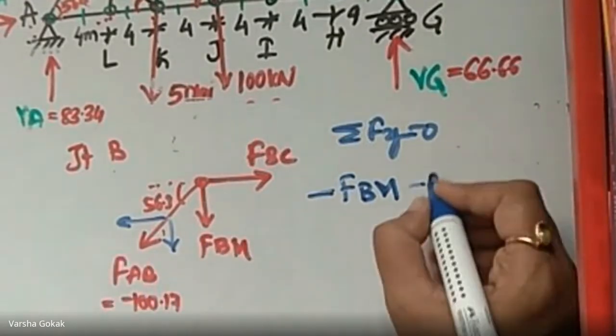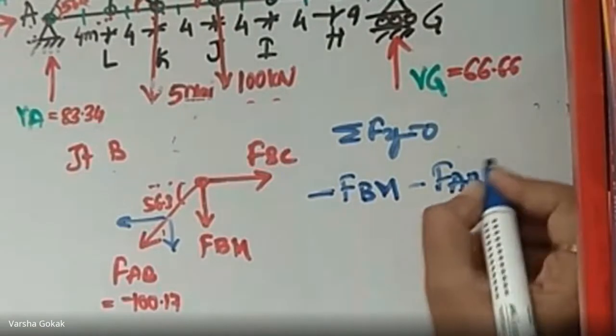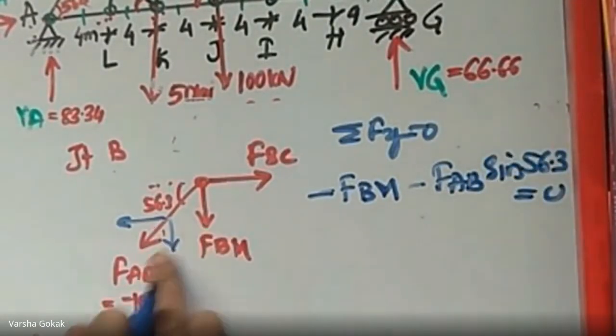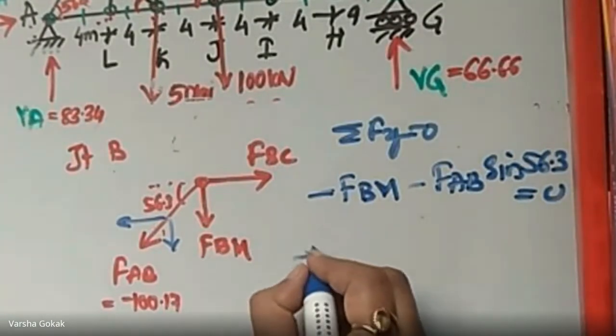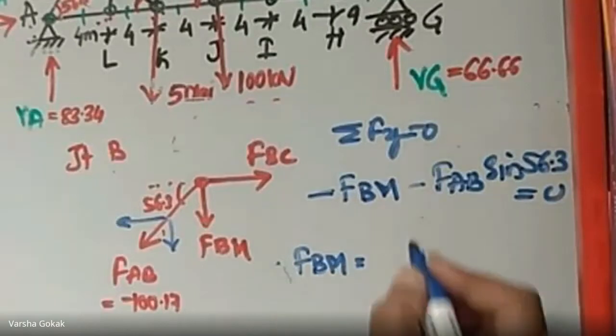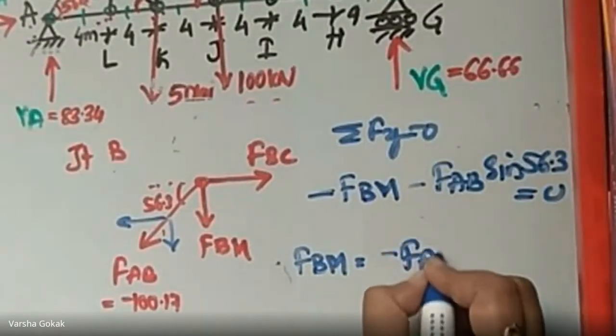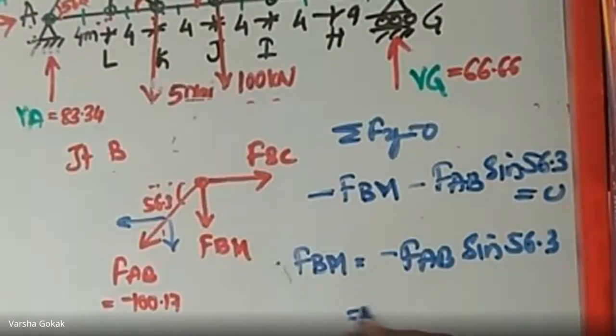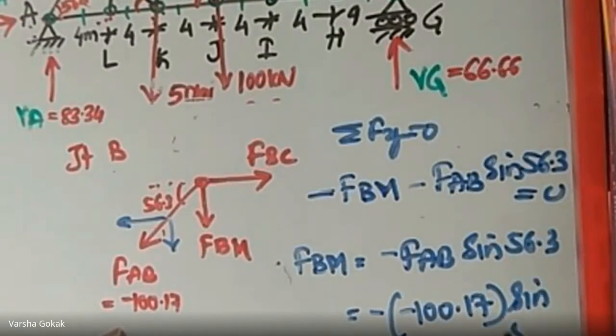So I'll have minus FAB sine of 56.3 equal to 0. Only these two forces are vertical. So what is the FBM value? FBM is going to be equal to minus FAB sine of 56.3. So minus of minus 100.17 sine of 56.3.